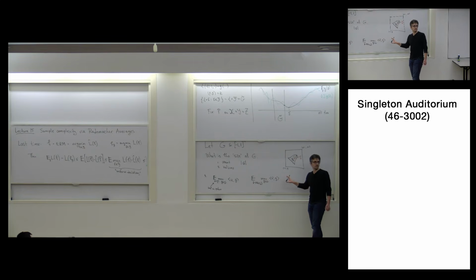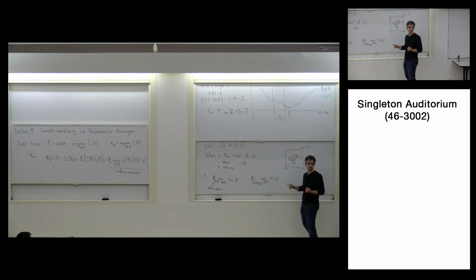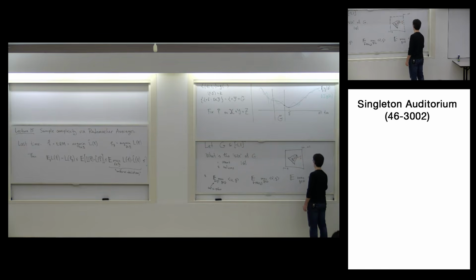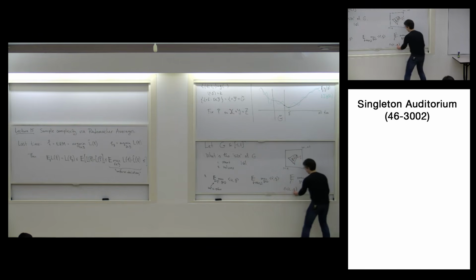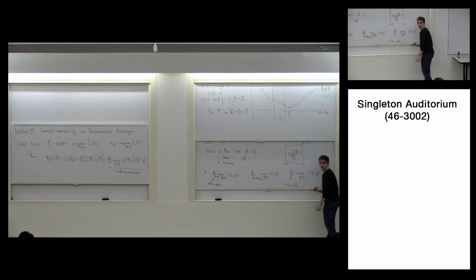These all make sense, right, as measures of complexity. Now I'm going to give you option C, which is the expected max over g in G of epsilon dot g, where epsilon is a sequence epsilon 1 through epsilon n of IID coin flips, plus or minus 1.